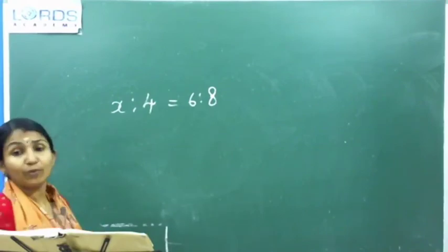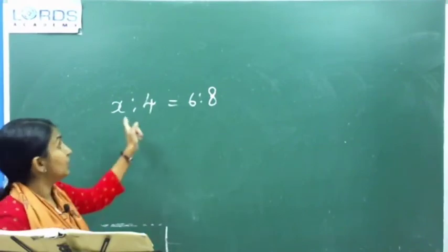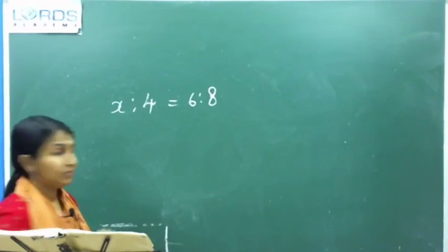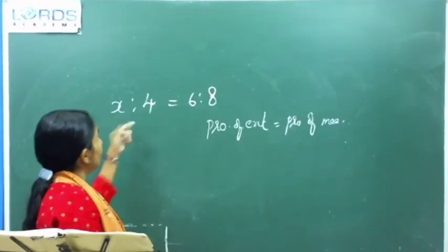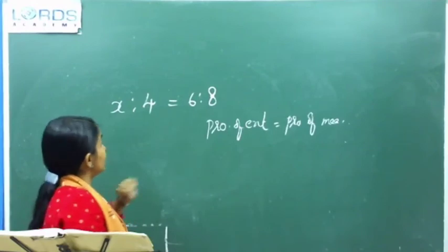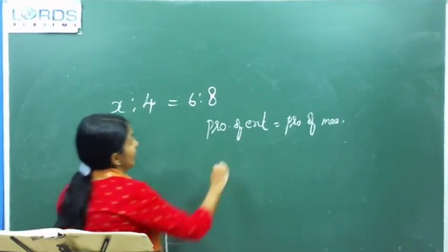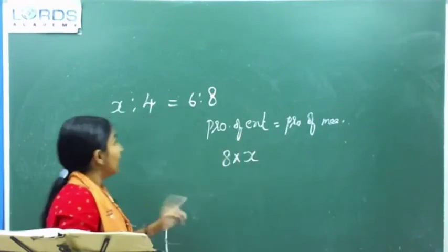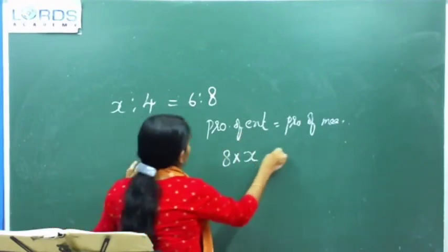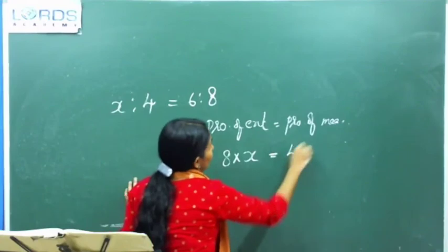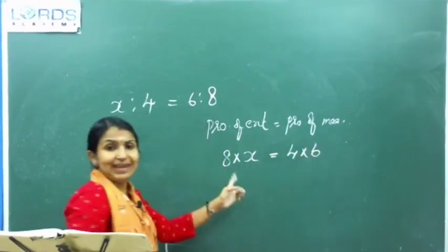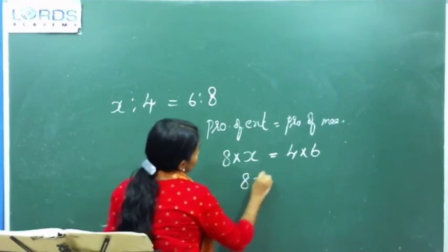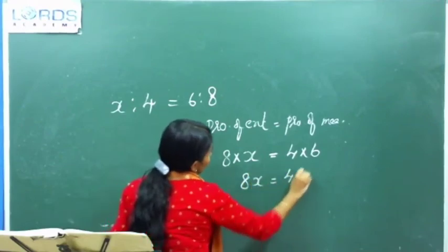If they are in proportion, the product of extremes will be equal to the product of means. Here the extremes are 8 and x, and the means are 4 into 6. 8 into x means 8x, right? 8x is equal to 4 into 6.